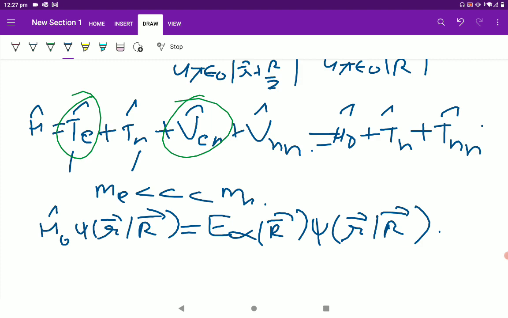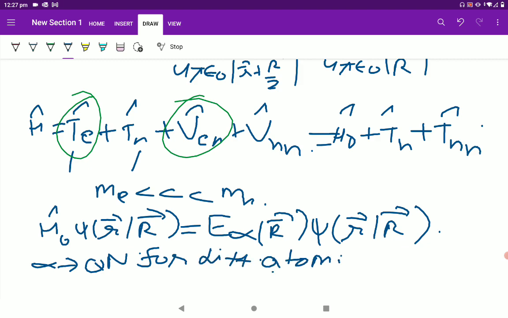Here alpha is the quantum number for different atomic levels. Remember that this is not the exact solution.